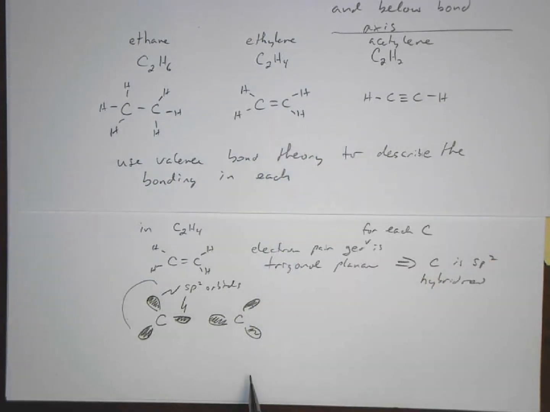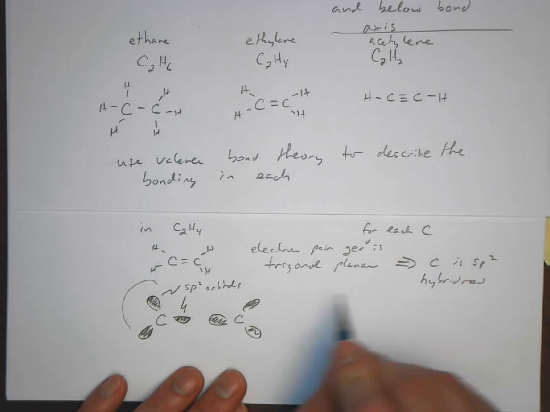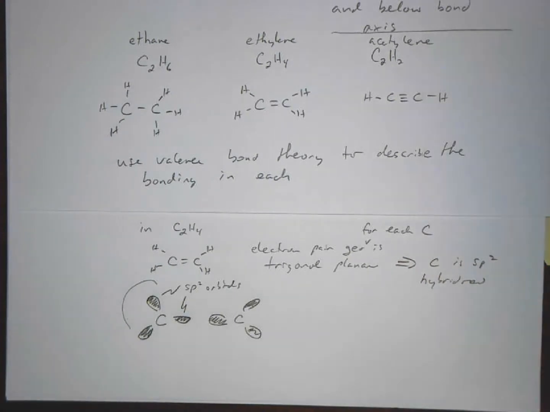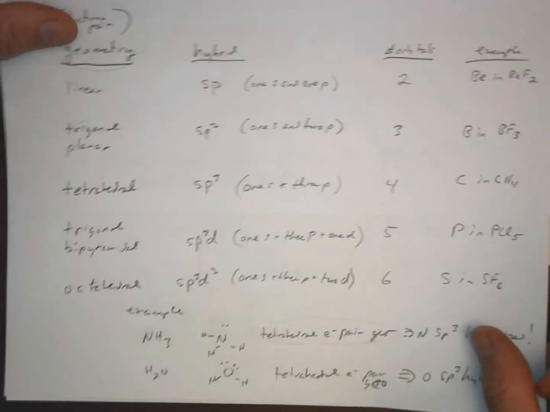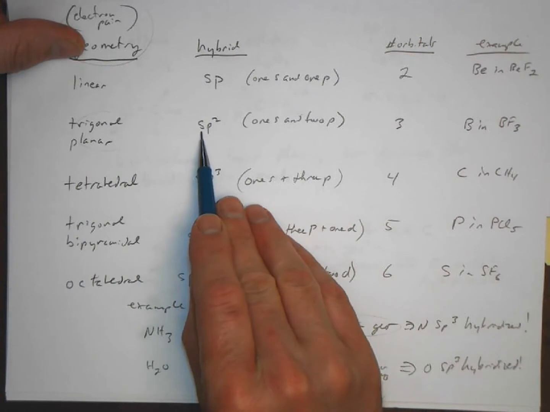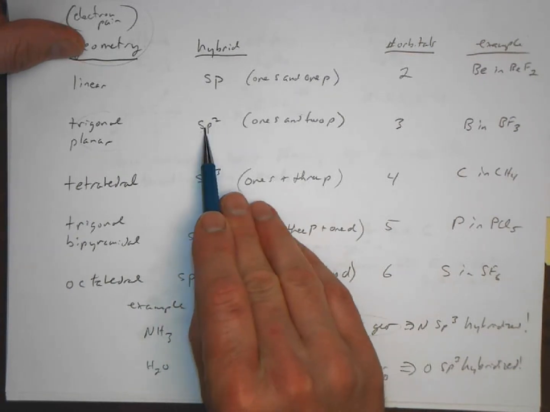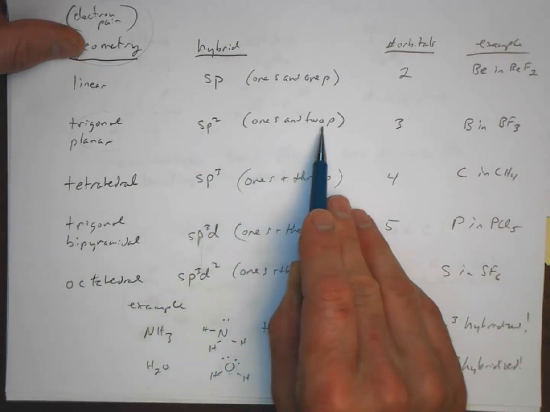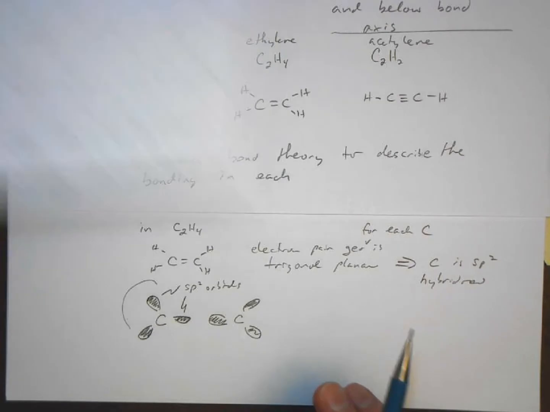Okay. But note here that recall, if we made sp2 hybrid orbitals, we used 1 s and 2 p orbitals. There's still 1 p orbital left.